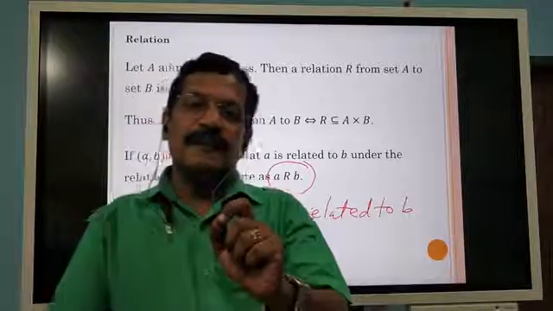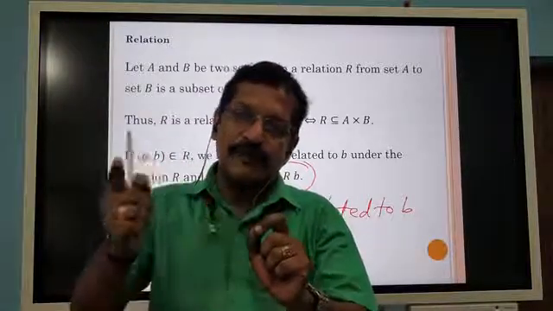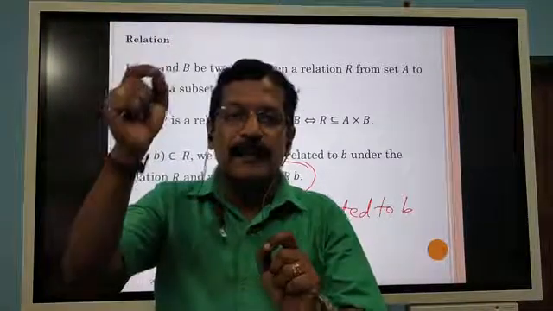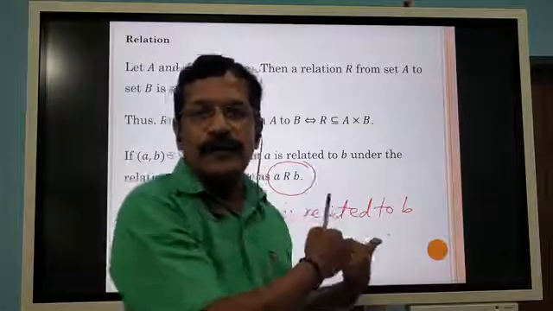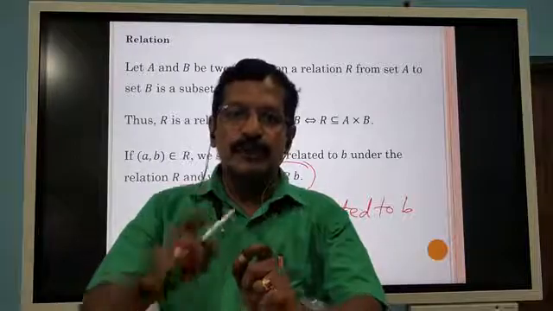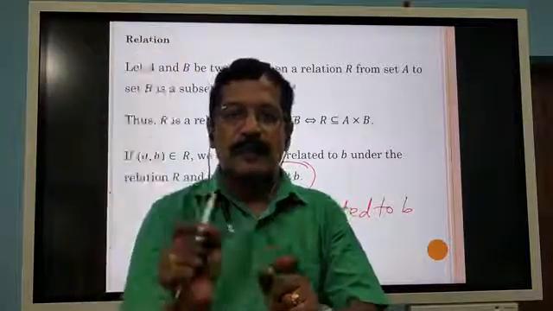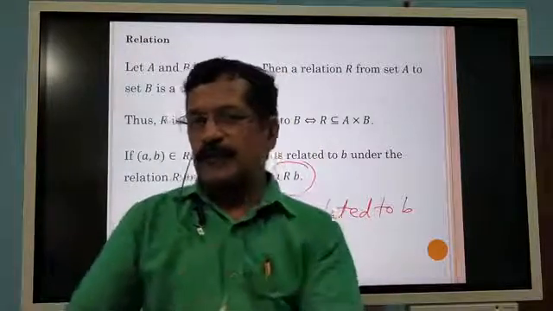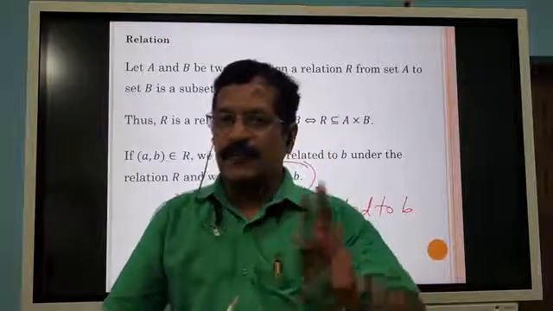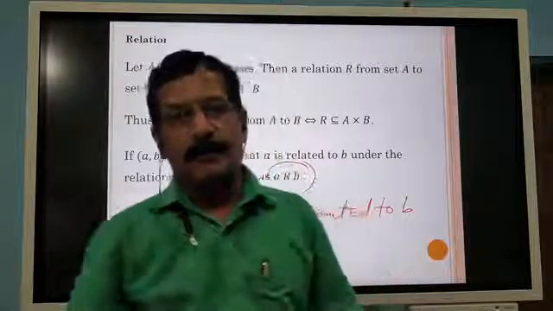If A is a set, then the set of all subsets of A is called the power set, and the power set contains 2 raised to the number of elements in A. We apply this here. So the number of relations from A to B is 2 raised to the number of elements in A cross B. The number of elements in A cross B is M into N. So the number of relations from A to B is 2 raised to MN, where M is the number of elements in A and N is the number of elements in B.